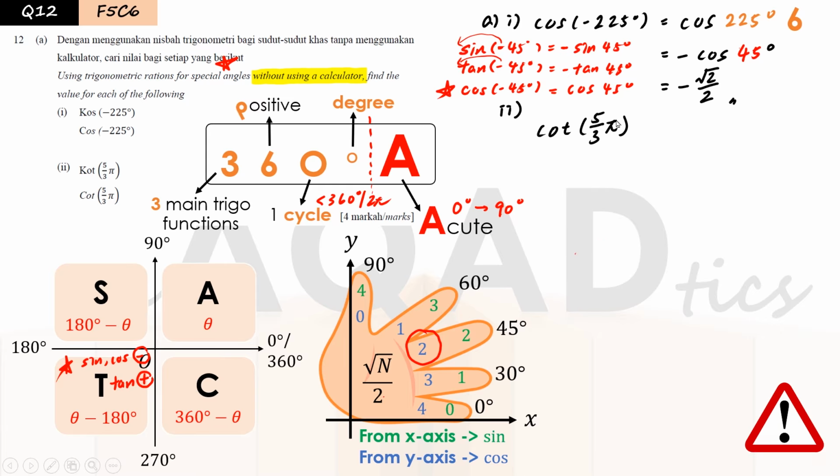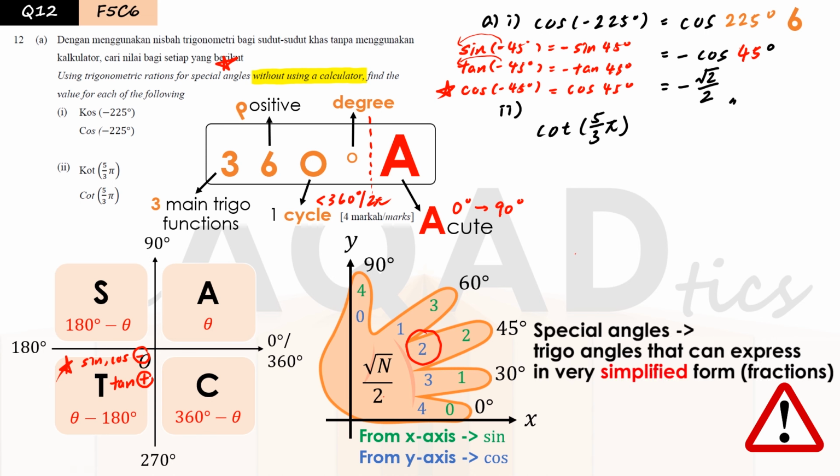So before we discuss the second part, I just want to explain what special angles are. Special angles are all the angles that appeared in the hand method just now: 0, 30, 45, 60 and 90 degrees. Why they are called special is because by using the trigo functions and these degrees, the answer can be very simplified, expressed in this fraction format.